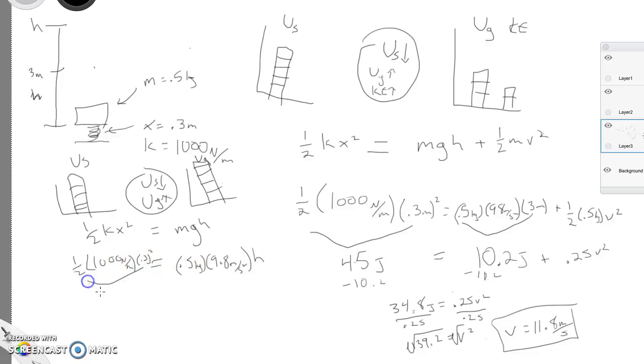All this here multiplies to 45 joules, and then over here we get 4.9 times h. We divide by 4.9 and get a height of 9.2 meters. So in this situation, we're compressing the spring with the box, and it's going to rise 9.2 meters above the ground.